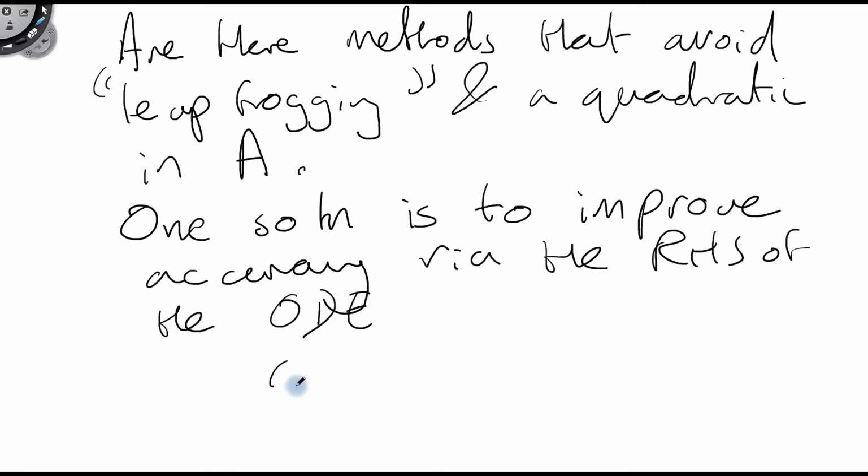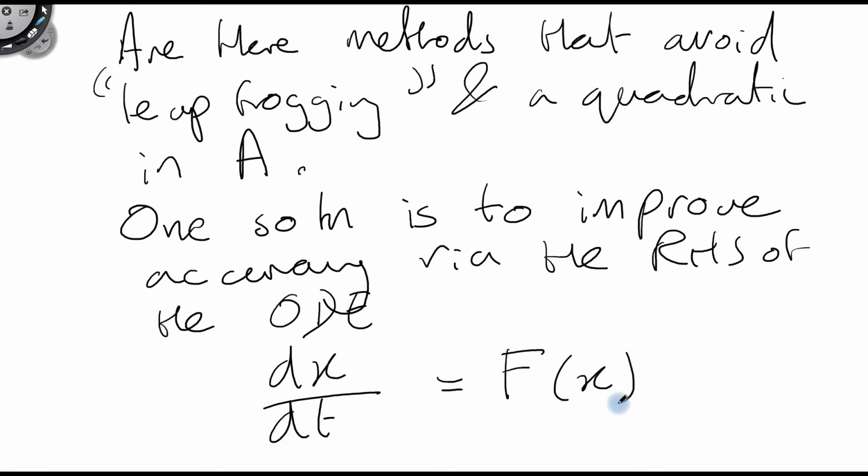Well, we've got this ODE, dx by dt is f of x. So far we've tried to improve the accuracy by doing a higher order expansion of dx by dt. But there is another way: leave the form of dx by dt as it is and improve the accuracy by doing a better evaluation of f. So that's what I mean by focusing on the right hand side.